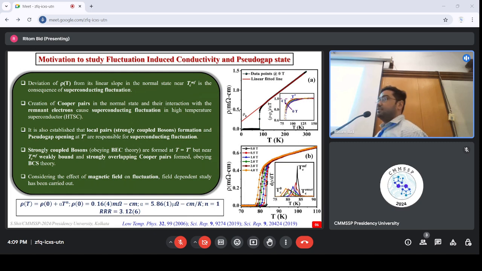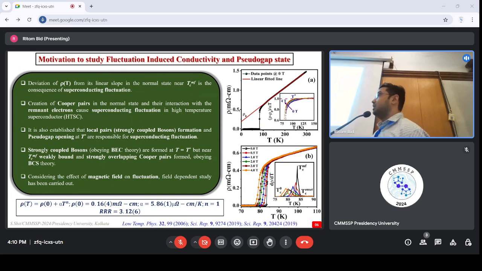And one thing is noticeable: even when the sample is in the normal state, there is still a deviation from the linear rho-T behavior. That deviation is present in the samples due to superconducting fluctuations, because the creation of Cooper pairs in the normal state and their interaction with the remnant electrons are the main cause of the superconducting fluctuations.